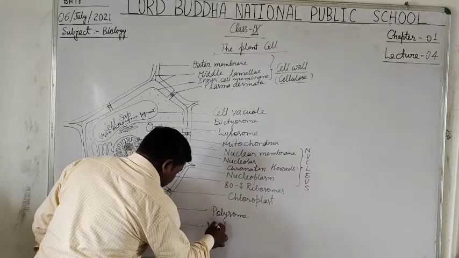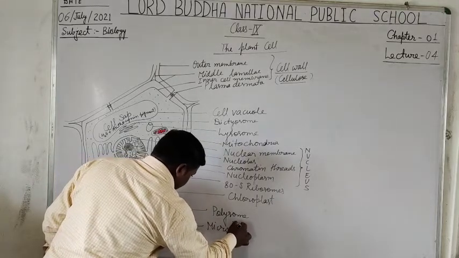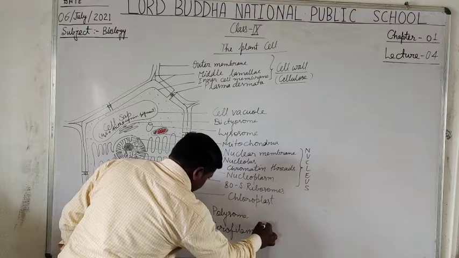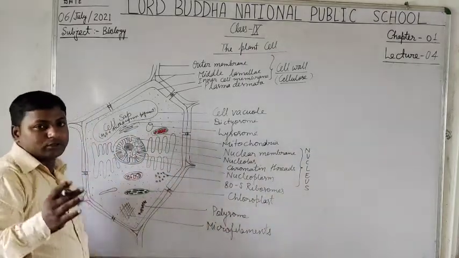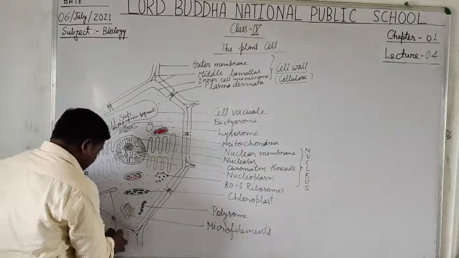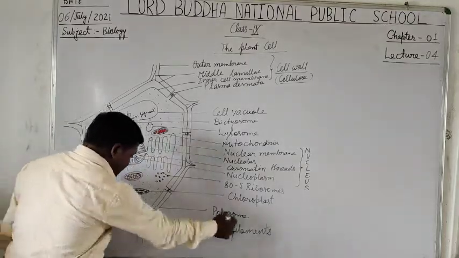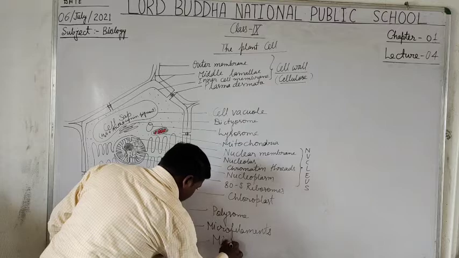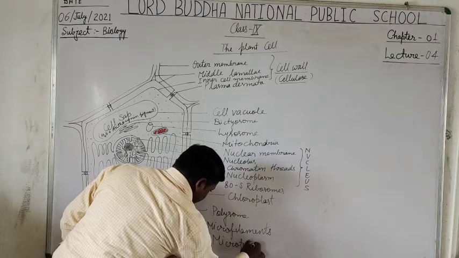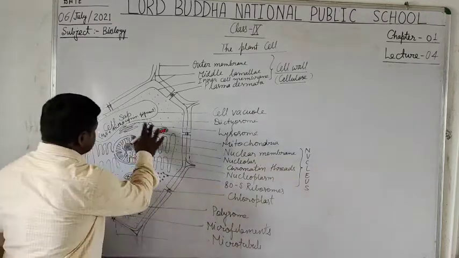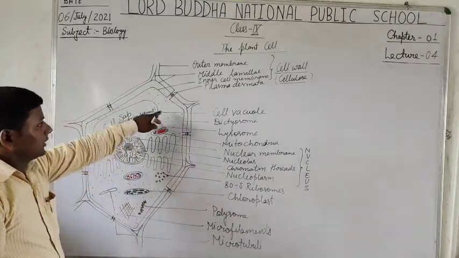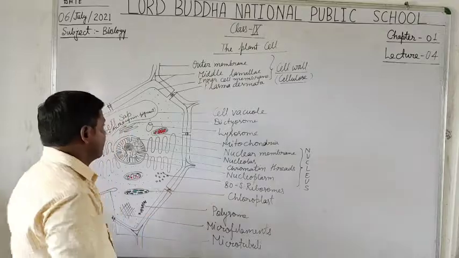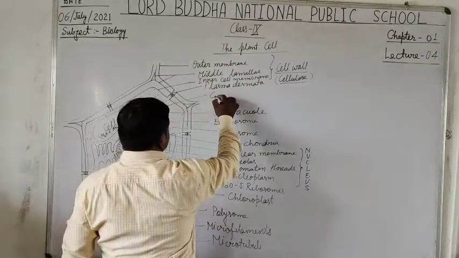And these, students, are microfilaments, also called the cytoskeleton system of the cell, and this is the last one that is called microtubule.